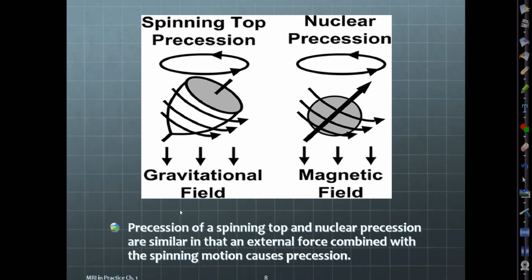And here is that example of that dreidel. You have it spinning on its own axis. But then when gravity starts to take over that spin, it creates that wobble before gravity fully takes over, and then it just drops to the ground. Okay? So we have the same kind of concept going on here, where we have the net spin of the hydrogen proton or protium, and then you get precession around B sub 0.